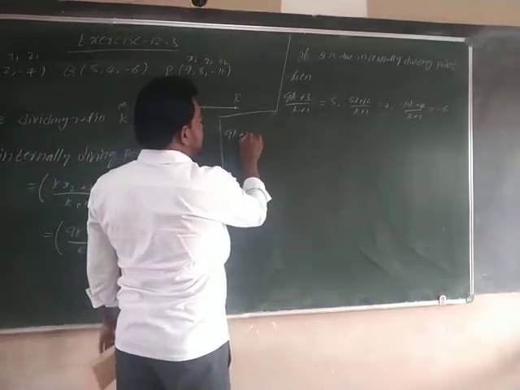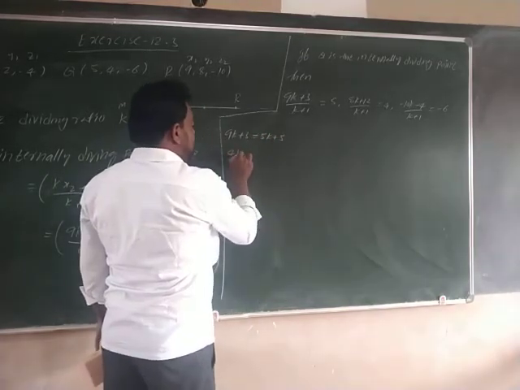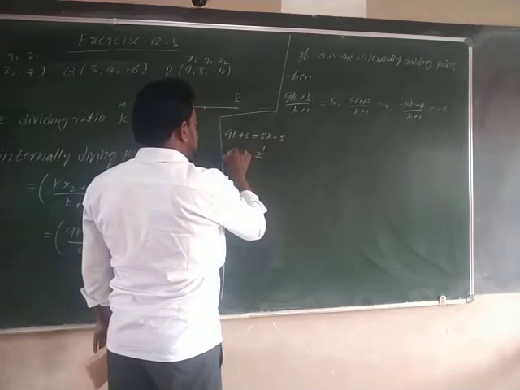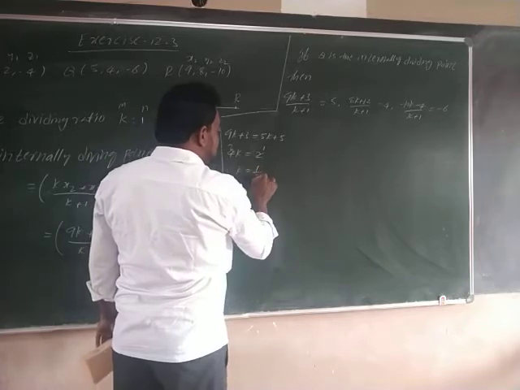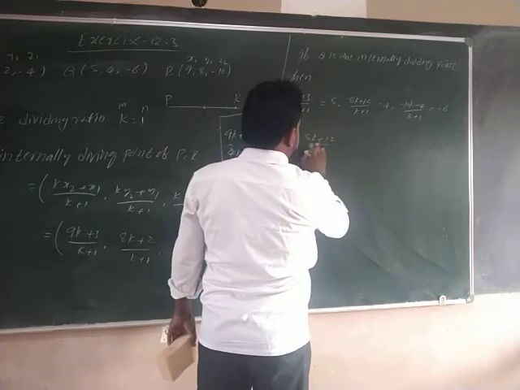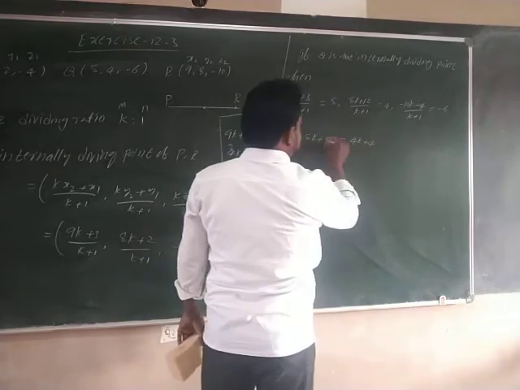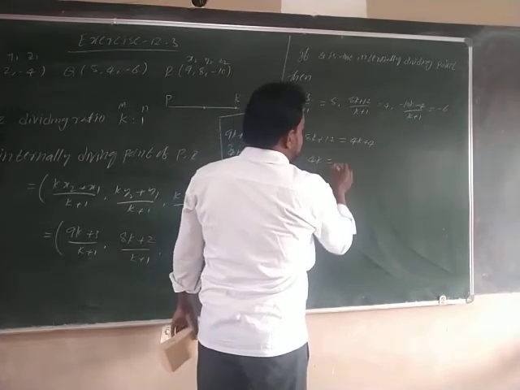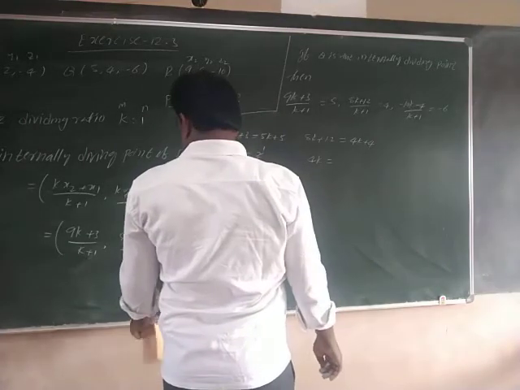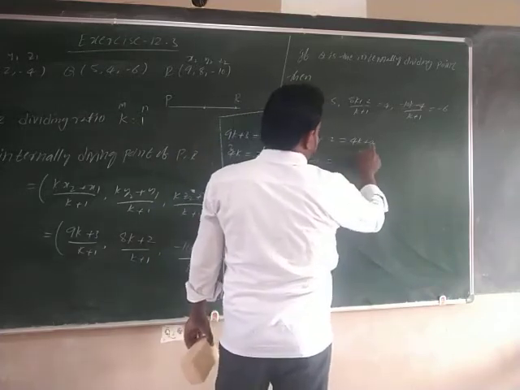So 9k + 3 is equal to 5k + 5. 9k minus 5k is 4k, equal to 5 minus 3, which is 2. So k is equal to 1/2. Here 8k + 12 is equal to 4k + 4. 8k minus 4k is 4k, equal to 4 minus 2, which is 2.